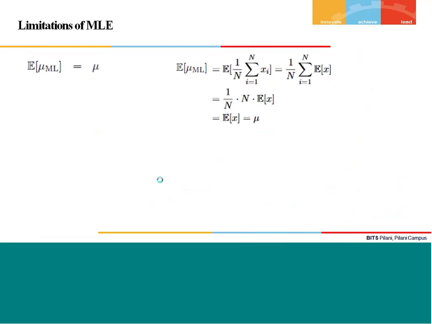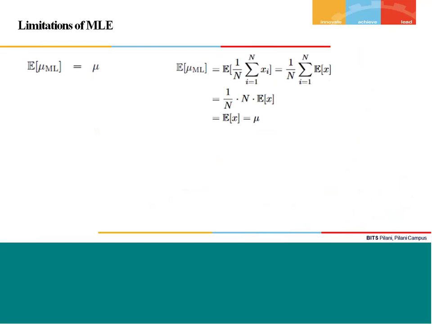So you can see that the mu you are finding by maximum likelihood estimation is actually the same mu. What I'm trying to say in this slide is that the mu you found using the sample data, the expected value of that mu is actually the true value of mu.